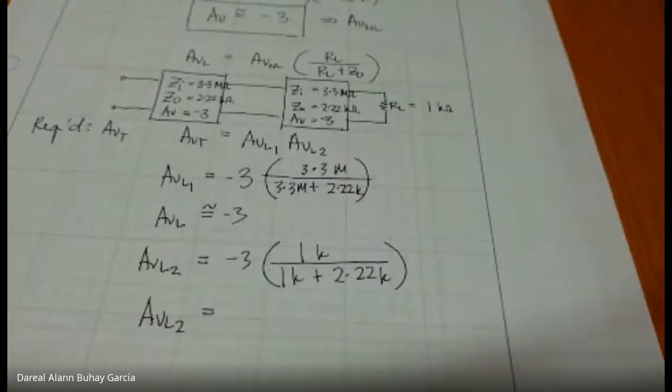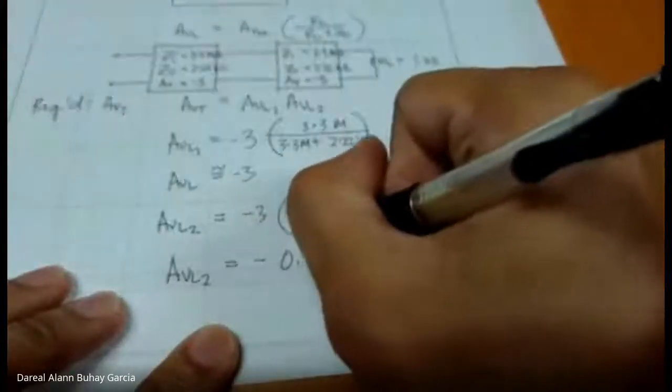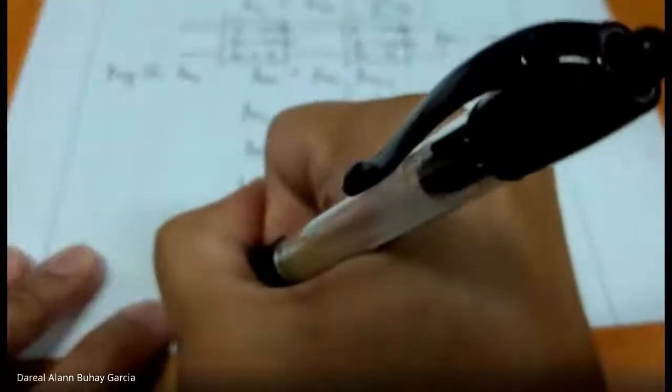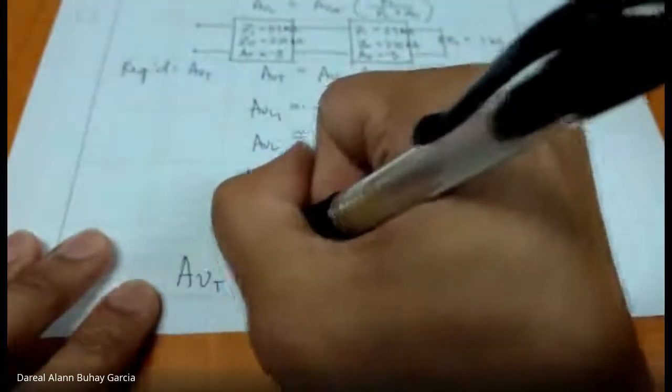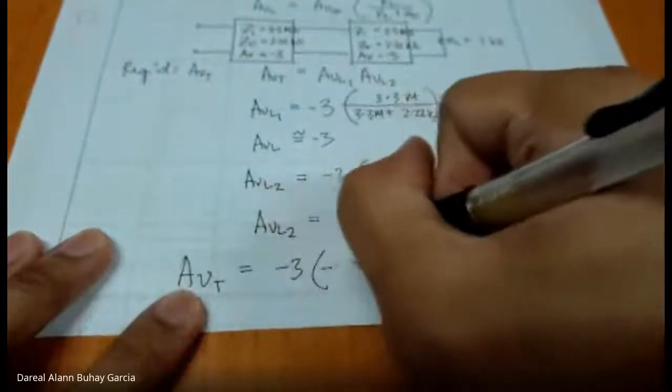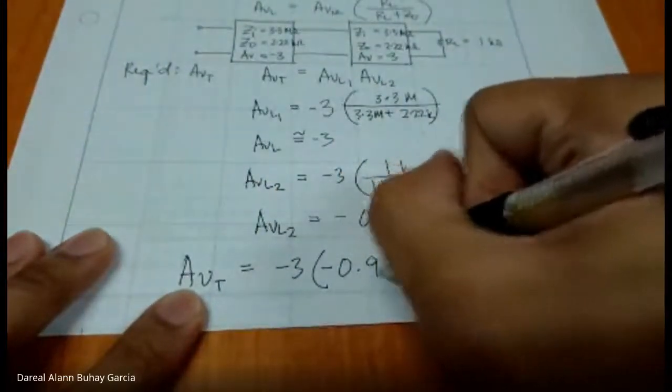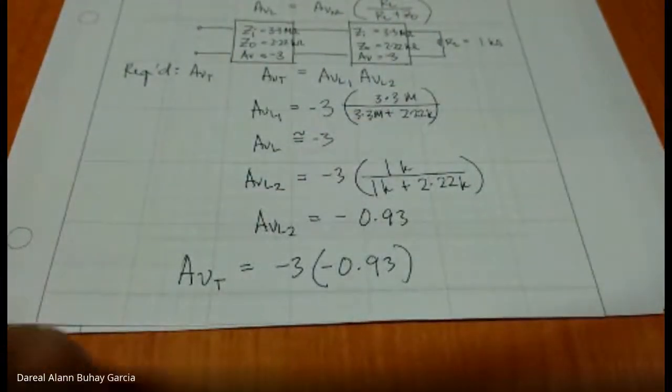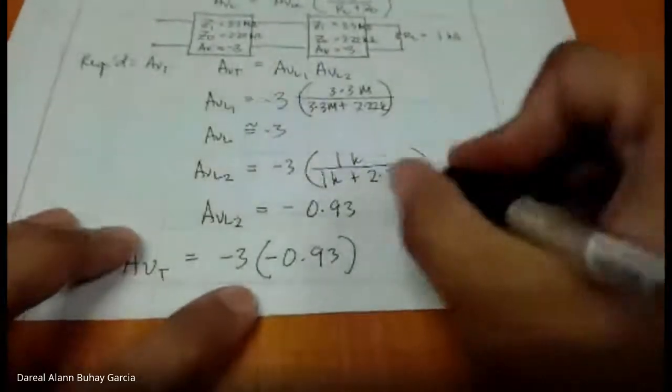Ilan man eh? 1 over 3, so 0.93. Therefore, the total loaded voltage gain is the product of the two, -3 times 0.93, nasa mga -2.8.